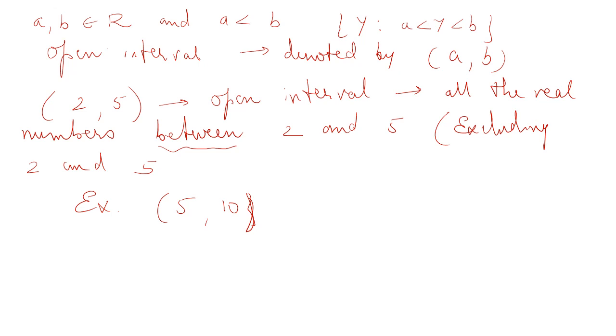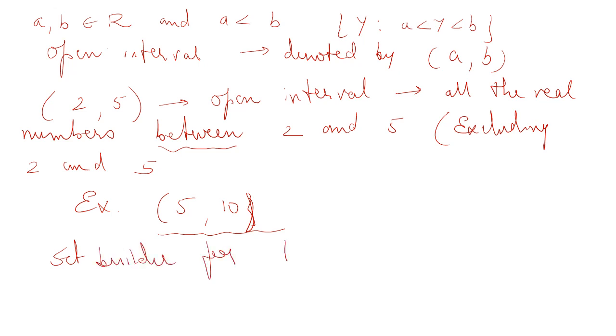What is that open interval? The open interval is the set of real numbers in between 5 and 10, excluding 5 and 10. In set builder form, how do we write the same open interval?